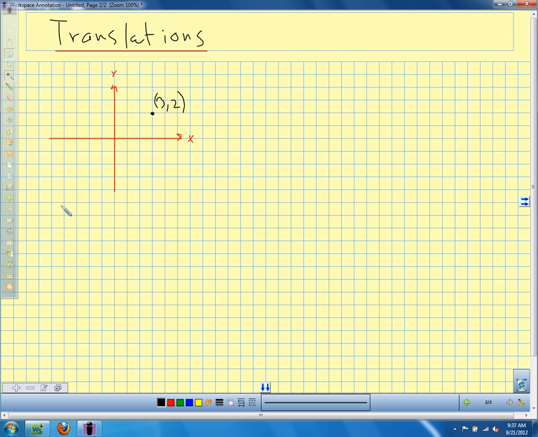And the first one I'm going to talk about is a horizontal translation. So for a horizontal translation, let's move over horizontally. I'm going to go over 1, 2, 3, 4, and I'll draw this in blue.